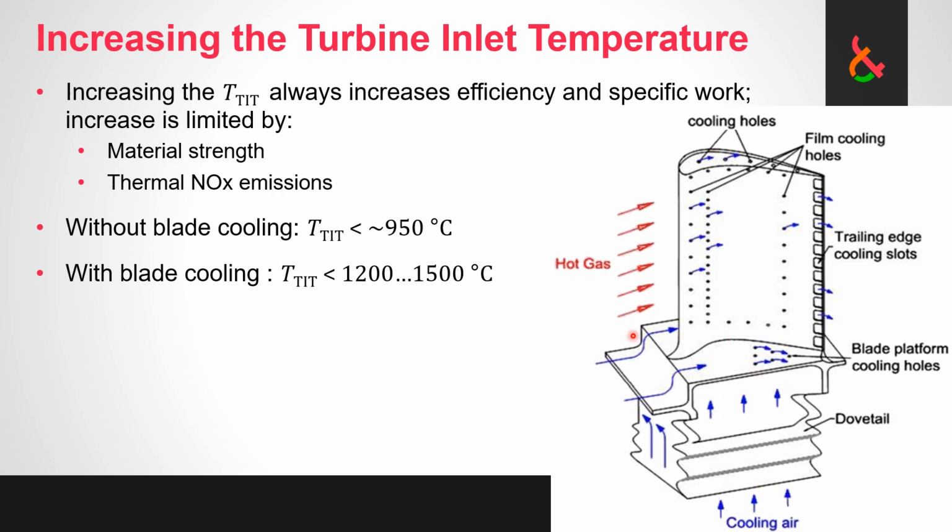So this is a large increase in temperature, and that is achieved by a combination of quite advanced materials and construction, and that means that the first stage turbine blades tend to be extremely expensive, very often more expensive than their weight in pure platinum.